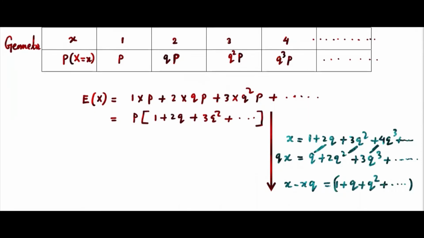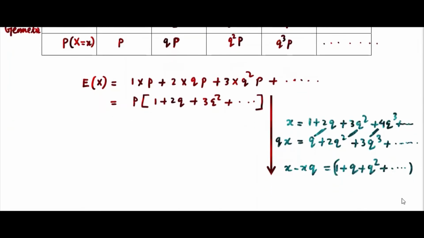See, this is an infinite geometric progression, 1 plus R plus R square plus R power 3. 1 minus Q is P, I can replace by P. And there is a formula for this, 1 divided by 1 minus R. This you need to remember.